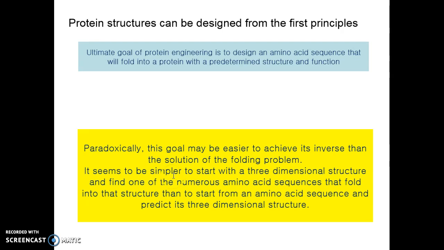It seems to be simpler to start with a three-dimensional structure and find one of the numerous amino acid sequences that fold into that structure than to start from an amino acid sequence and predict its three-dimensional structure.